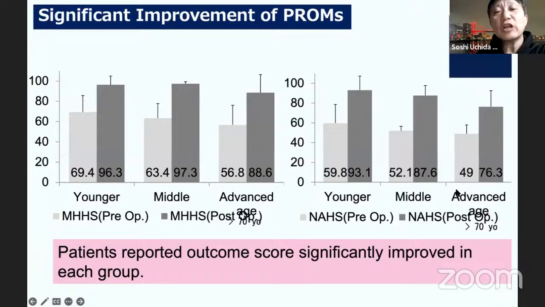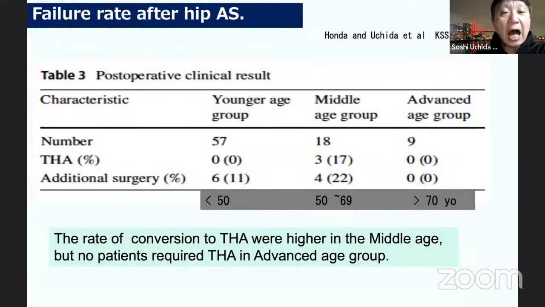We found patient-reported clinical outcome scores significantly improved in each group. The rate of conversion to total hip arthroplasty was higher in the middle group, meaning 50 to 69 years old, but no patient required total hip arthroplasty in the group older than 70 years.